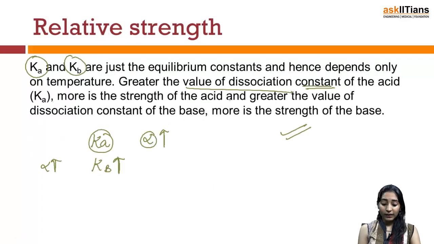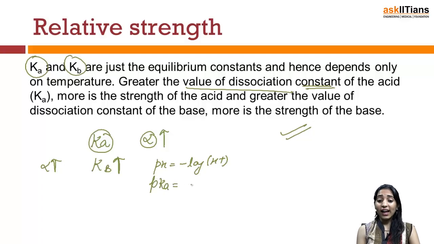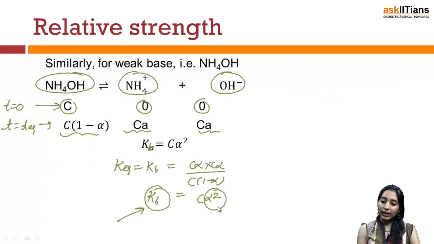Now if I define Ka and Kb, the way we define the pH of a solution, we said that pH is equal to minus log of H positive. Similarly, I can define pKa as minus log of Ka, and pKb as minus log of Kb.